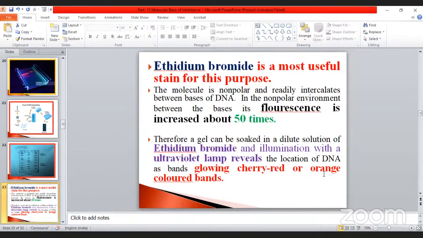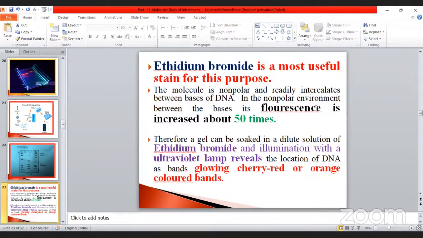After the application of ethidium bromide, the DNA looks like which color band will you obtain? They asked this question in 2019 or 2018, okay, 19, 18, 20, these three times.